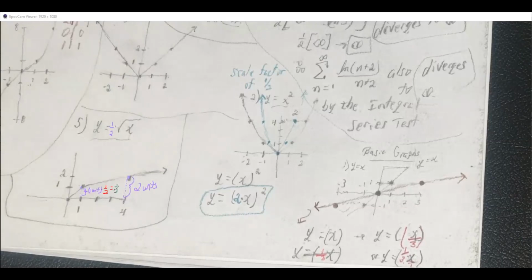Which means what, Megan? It's going to shrink, right? So now you go from the x-axis, and it's only 1/2 a unit away. So now this point moves down to this one. This point now moves 1/2 the distance, and on the new graph, it's going to be right here. And this point also is going to shrink by 1/2.